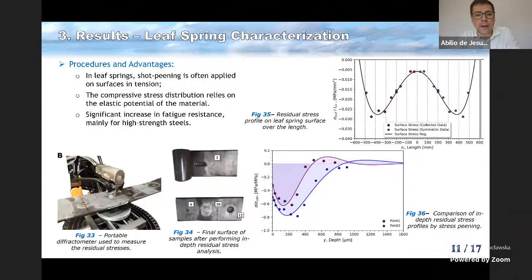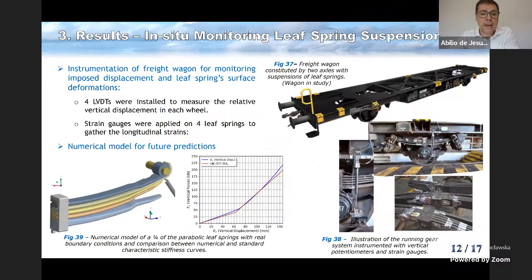And then we also look at the residual stresses induced by shot peening at the surface. This is very important because we can achieve almost 80% of the yield strength of the material under compression, which will change significantly the mean stresses in our springs.